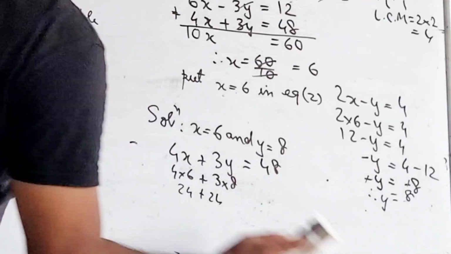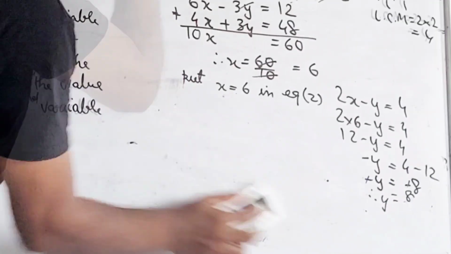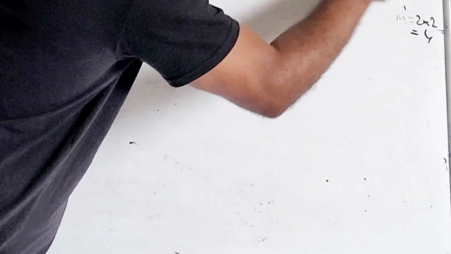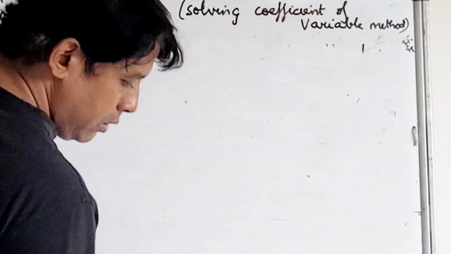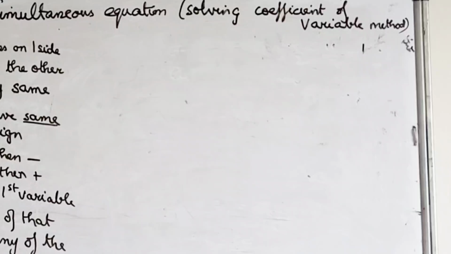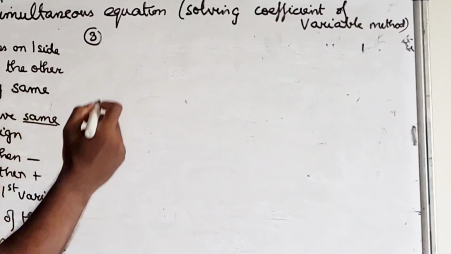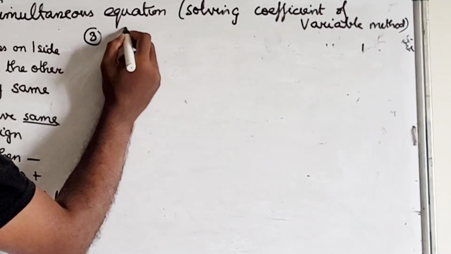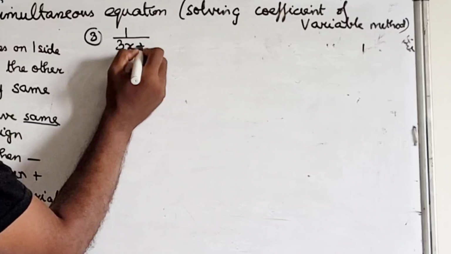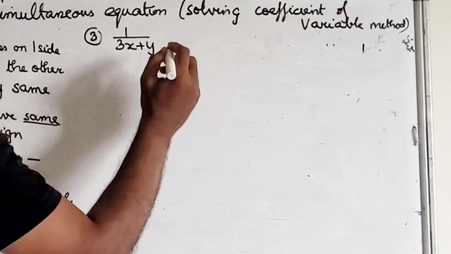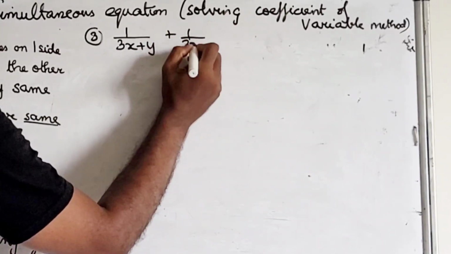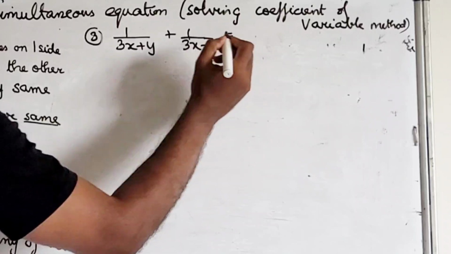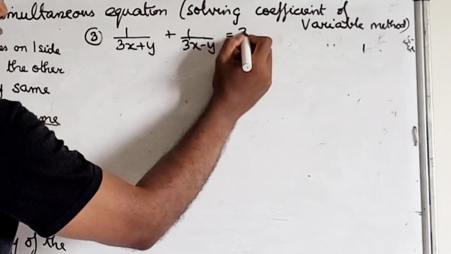The third type of sum that we'll see is when the variable is in the denominator. Now they are quite challenging for many students. So let's see, when the variable is given in the denominator: 1 upon 3x plus y plus 1 upon 3x minus y is equal to 3 upon 4.